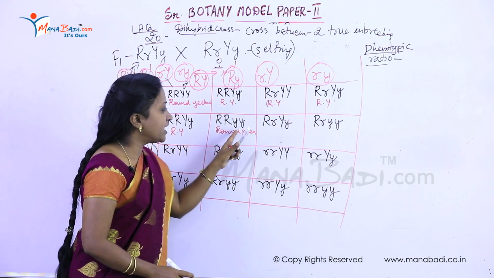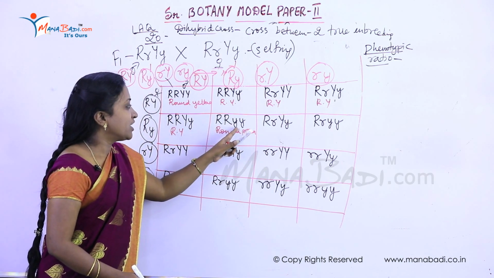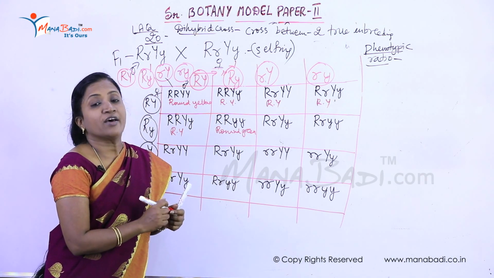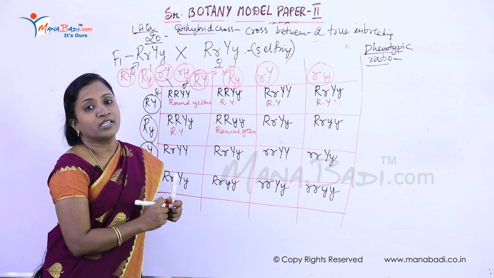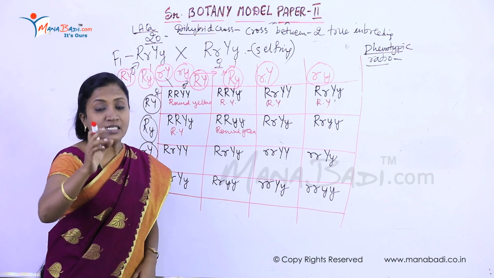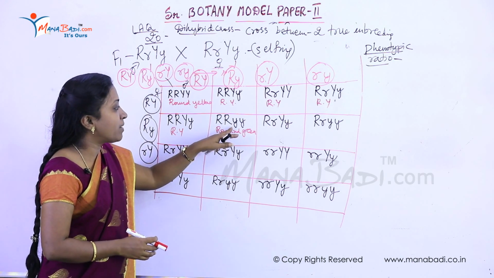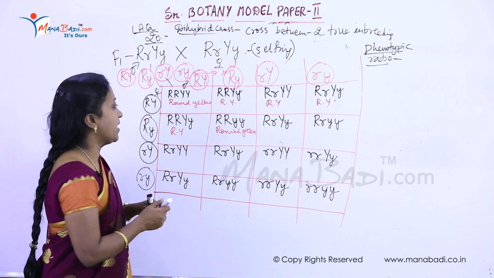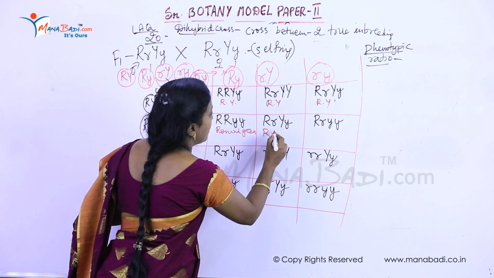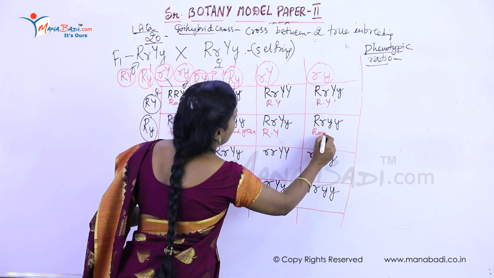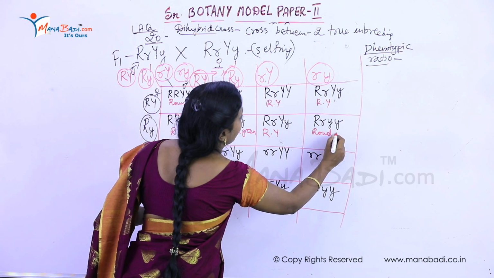Why? Because here the next set of genes is denoted by small y, and the green color of the seed is denoted by the genotype small y. Now again here is round yellow. Here again it is round green.